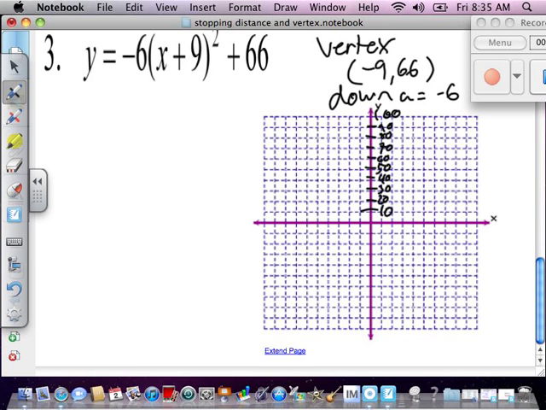All right. So my next step, ladies and gentlemen, we've found the vertex. We've set the scale. How do we find the roots or the zeros or where it crosses the x-axis? We're going to plug in what? We're going to plug in 0 for what letter? Y. So the first thing we're going to do is subtract 66 from both sides.